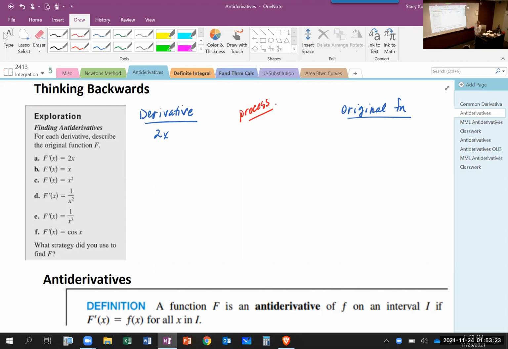Yeah. Since it's minus 1 greater, it wouldn't just be 1 over x. Because how would you take the derivative of 1 over x?